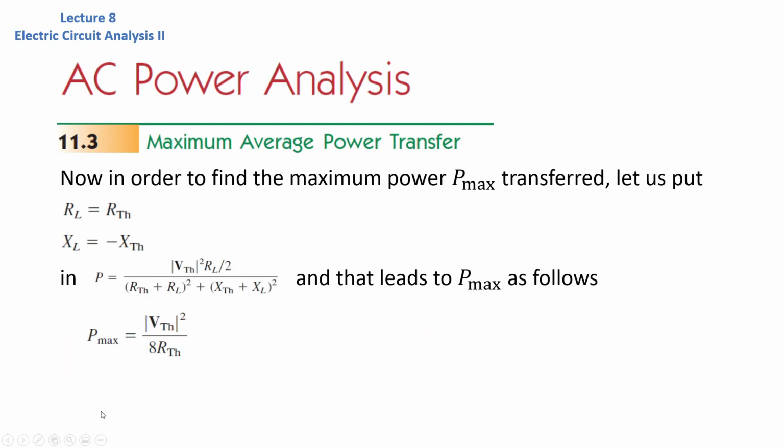But now we will find the actual maximum power that a circuit can deliver to the load. When we put these values in this expression for average power, we find that the maximum power that an AC circuit can deliver to the load is the magnitude squared of V Thevenin divided by 8 times R Thevenin.